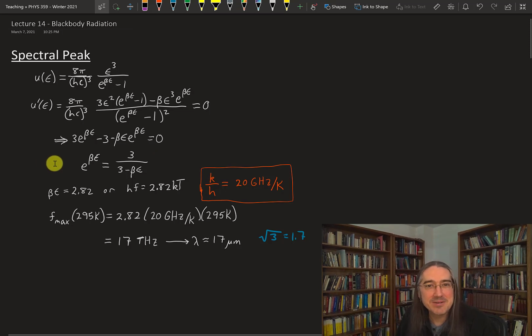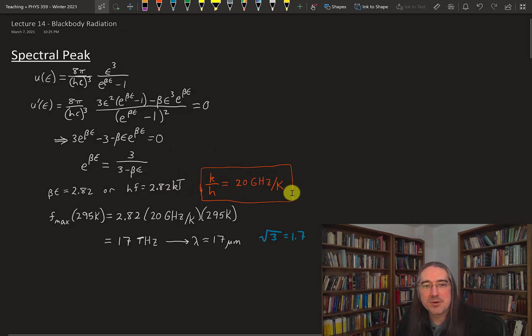Anyway, somehow you solve this numerically, and you find beta epsilon is 2.82. Or, changing this around, epsilon is hf, beta is 1 over kT, so the peak comes at an energy per photon of 2.82 times kT. If you want to get this in terms of frequencies, there's a nice trick to use, which is if you divide by h, you'll have 2.82 T times k over h.